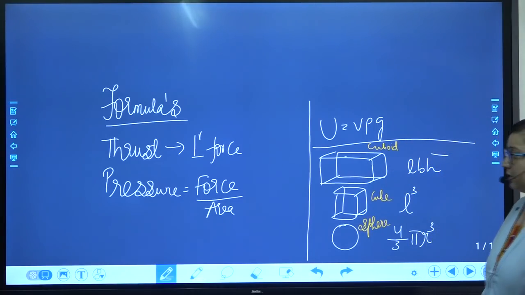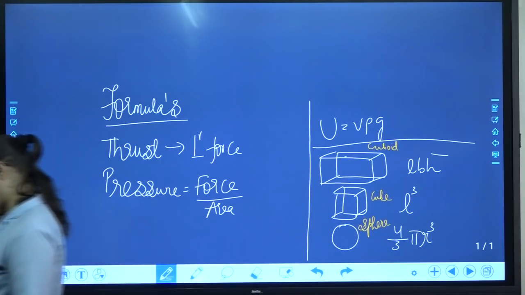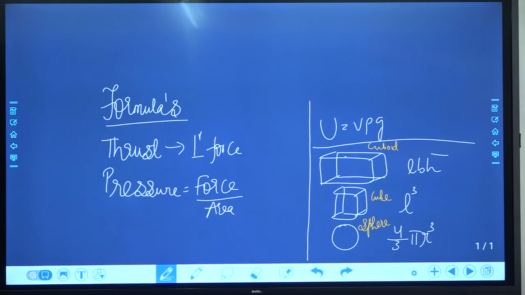Quickly note it. Just 3 formulas, quick.